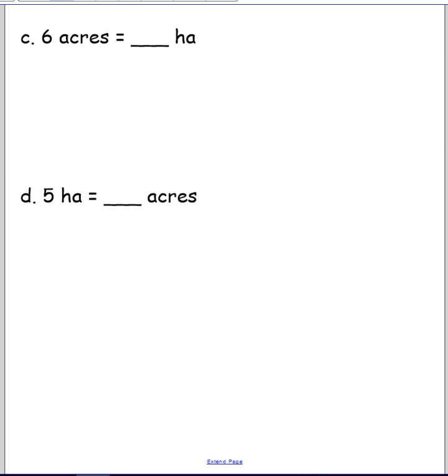Let's take a look at this next one. We have acres to ha. Well, ha actually represents hectare, and in the metric system, a hectare is 100,000 square meters. But when we go to our unit conversion, it's still in the area section of our chart, so still that lower left.